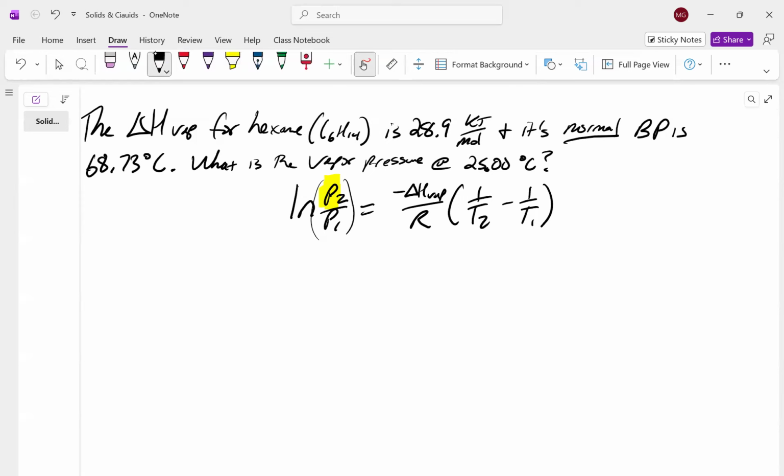So before we start defining everything, let's rearrange this equation to solve for that. Since I have a natural log and my unknown is in the natural log, I'm going to use e and raise those things to the power of e. And what that does is it gets rid of the natural log. It does make it a little messy on the right side, but all of this stuff is now an exponent.